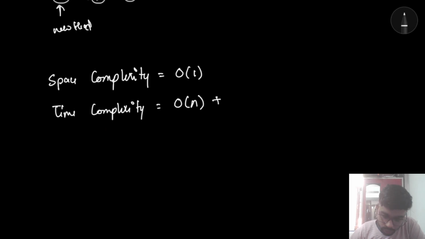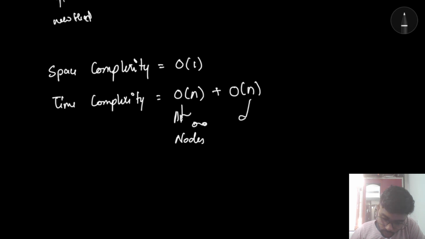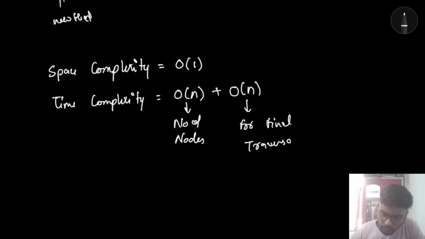Order of n plus order of n. Order of n was to get the number of nodes, and order of n for the final traversal. We can say the final traversal or getting the links.